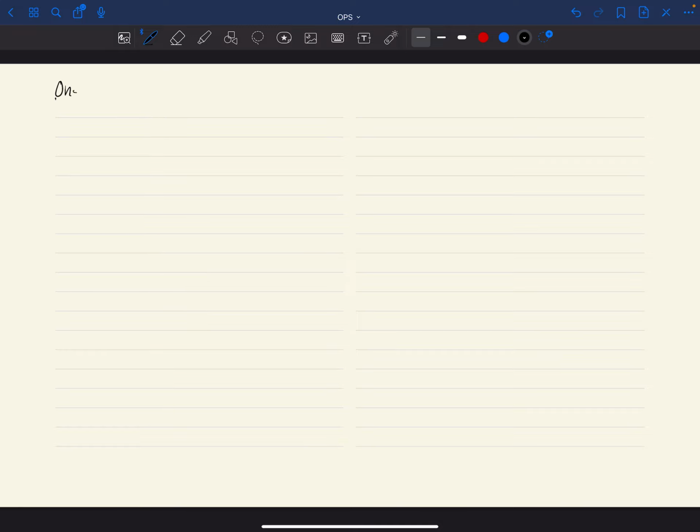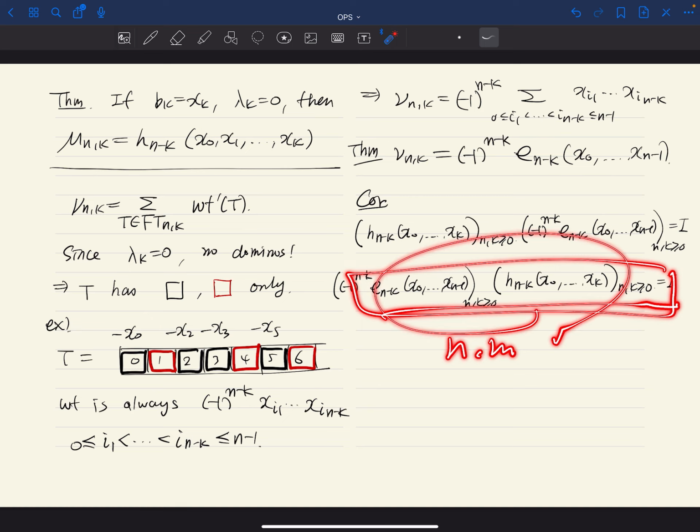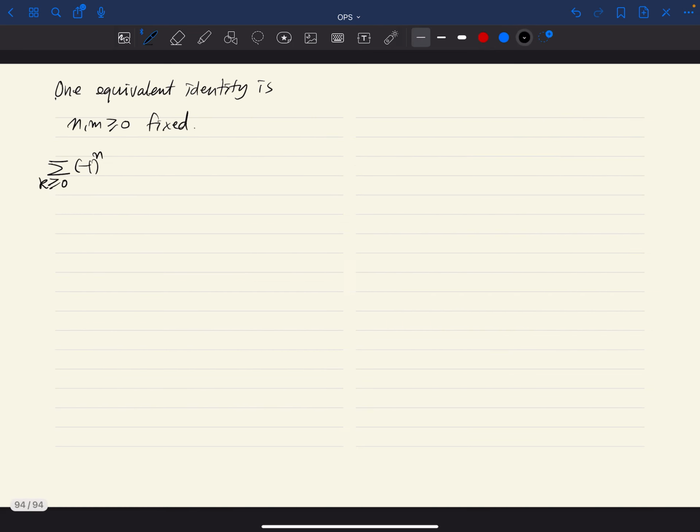One equivalent identity is this. n, m fixed, greater than or equal to 0, and then the summation over k greater than or equal to 0 of minus 1 to. I'm using the second identity. I'm just looking at the n comma m entry of this product. Then that will be exactly this.